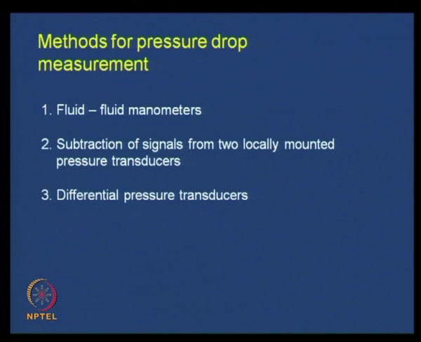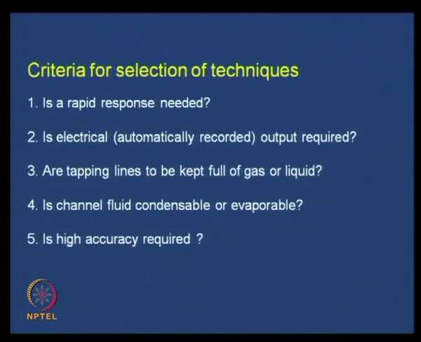If you consider all the factors, we can never say that well DP transducers should always be used and others should never be used, or in other words wall mounted transducers should always be used and the others should never be used. We cannot say such things. Okay. So, depending upon our conditions, depending upon the application where we have to measure pressure drop, we have to select a proper technique for it.